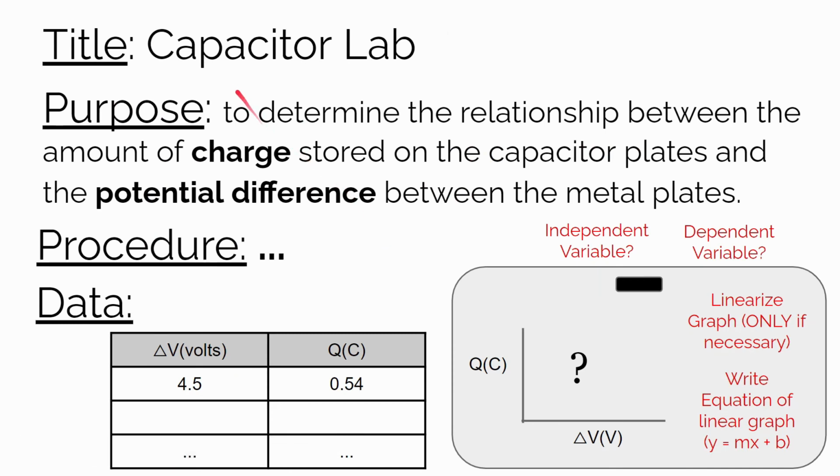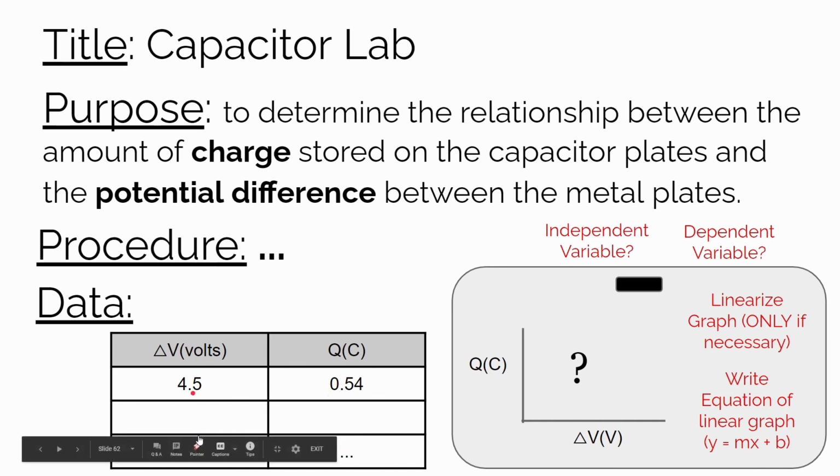So looking back at our purpose, remember our purpose is to determine the relationship between the amount of charge stored on the capacitor plates, the net charge on each, and the potential difference between those metal plates. And so you're going to be changing the potential difference that you apply across the capacitor plates. And then for each situation, discharging it through our current meter, and then finding the area to figure out the amount of charge that was actually stored on those plates.